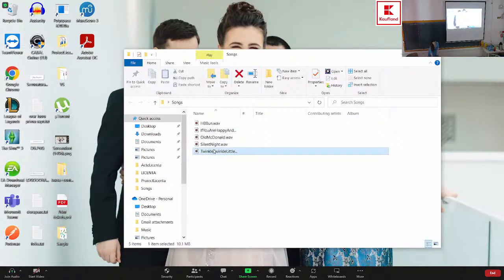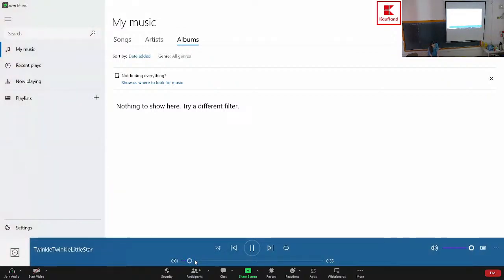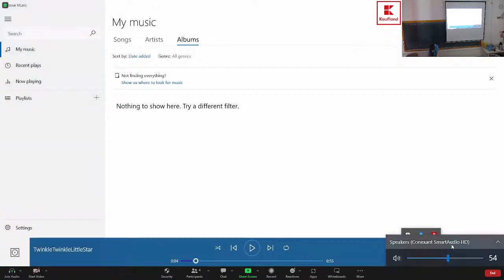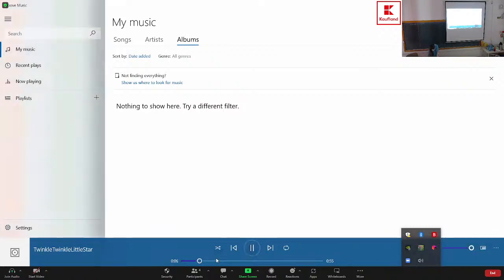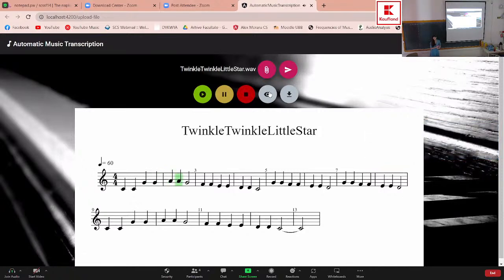So this is what we send. I'm going to play it a bit so you can get an idea. Okay, and this is what we received. We can also have a cursor where we see which note is being played.